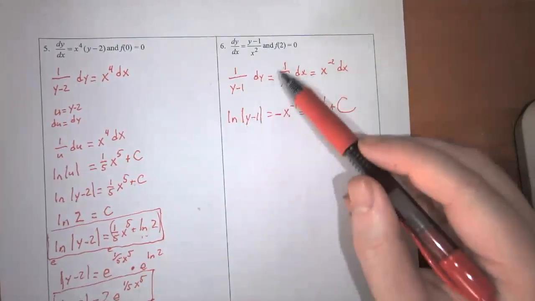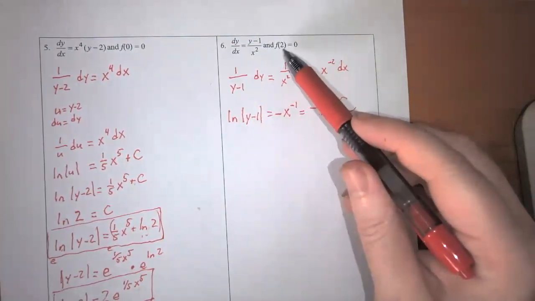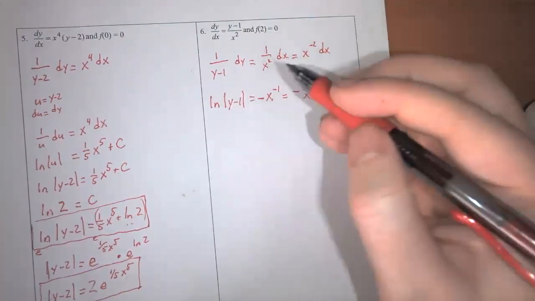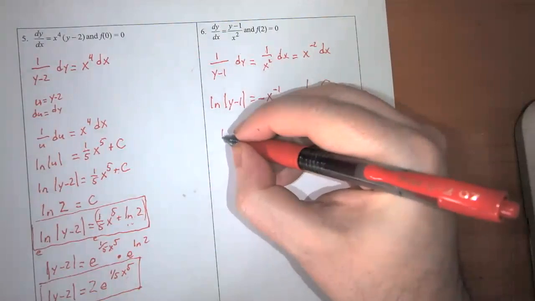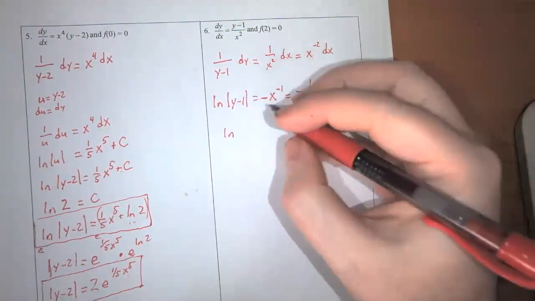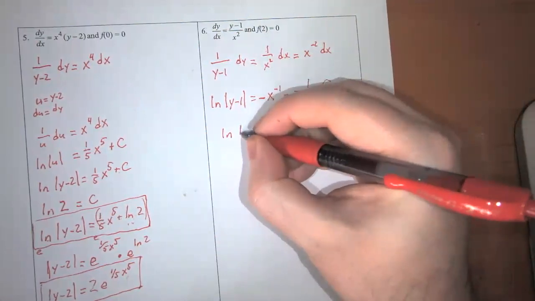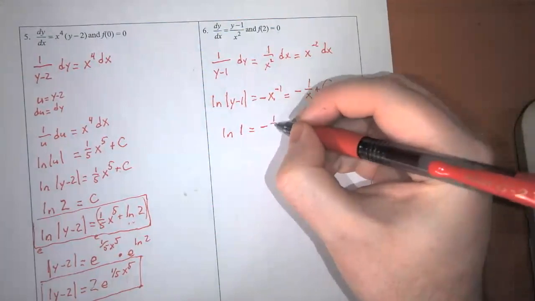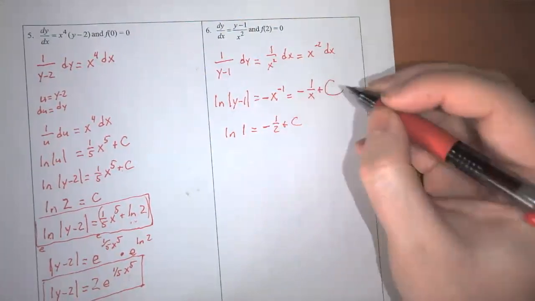So now that I've got this, I'm going to substitute in 2 for x and 0 for y. So over here, I've got the natural logarithm of the absolute value of 0 minus 1, which is negative 1. The absolute value of negative 1 is 1. And that's equal to negative 1/2 plus c.